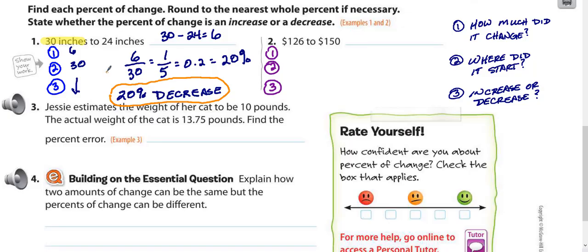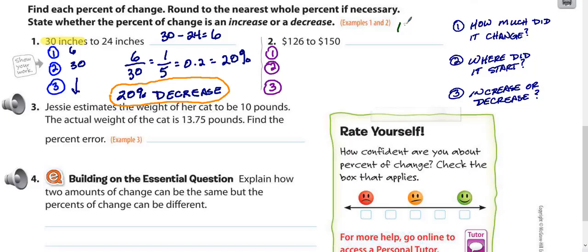Okay, if you feel like, oh, I just learned something there, I think I made a mistake on number 2, then pause the video again, take a look at number 2, check your work over, and then come back and turn things on. So for problem number 2, 126 to 150.